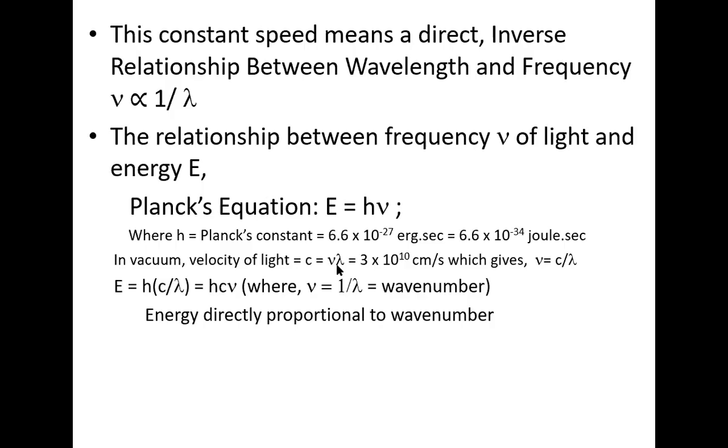Per second is frequency. So we know that the velocity is nu, or the frequency, times the wavelength. The speed of light in a vacuum is 3 times 10 to the 10 centimeters per second, or 3 times 10 to the 8 meters per second.